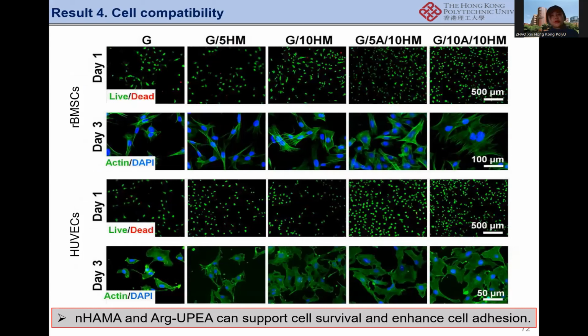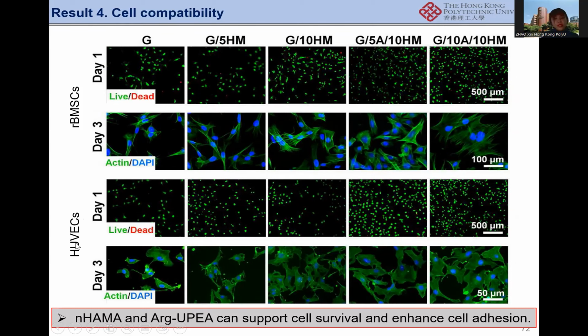This is to show the biocompatibility of the electrospun fibers. We can see that when we are adding different concentrations of the L-arginine and the hydroxyapatite, all of these composite nanofiber scaffolds can support mesenchymal stem cell survival and adhesion.